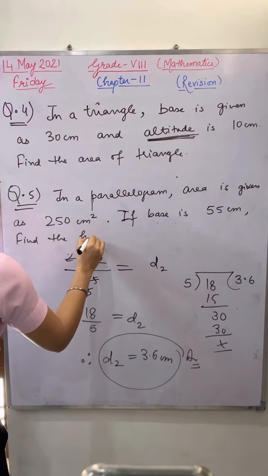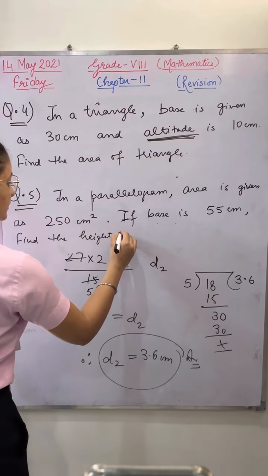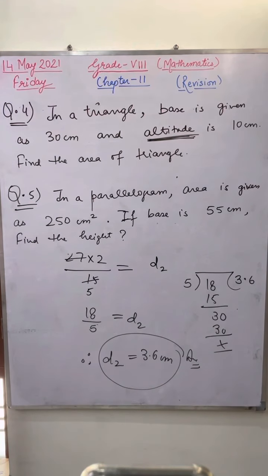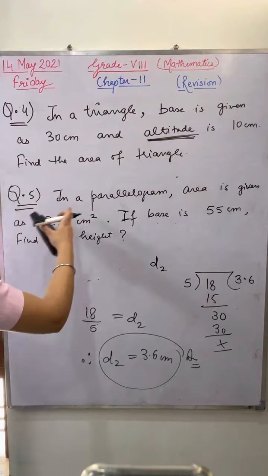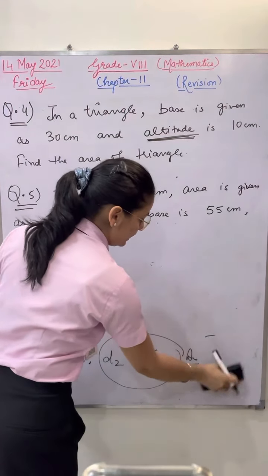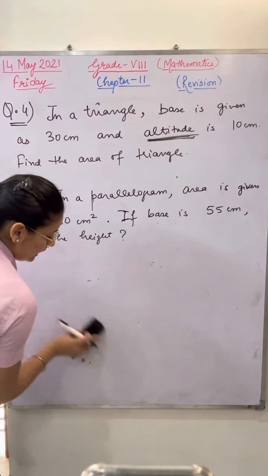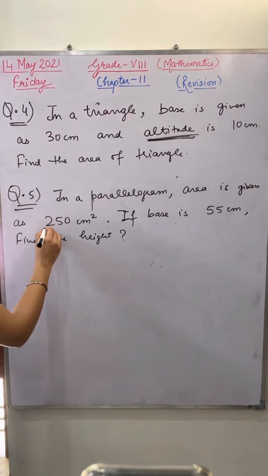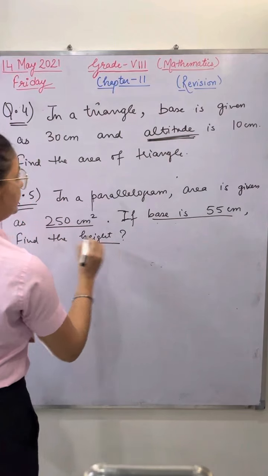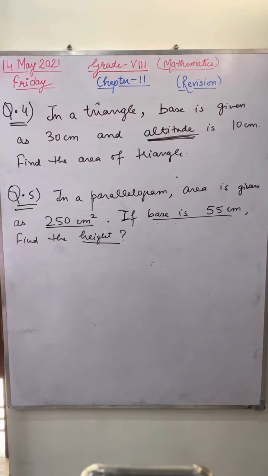Find the height of parallelogram. Quickly. Yes. Parallelogram formula, you must know that. We have discussed it in the beginning. Area of parallelogram is given. Base is given. Okay, find out the height. Yes, Nikansh, very good.